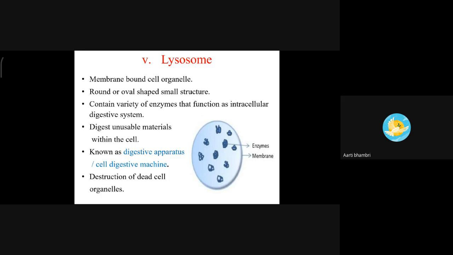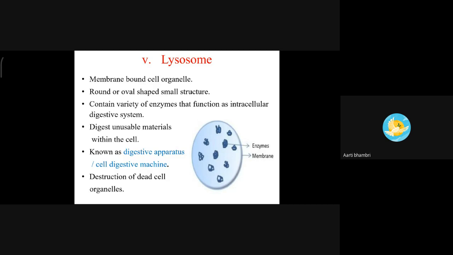Are you guys getting that? Just imagine some unwanted material is there in the cell, so lysosome will digest it and it will keep the cell clean. So it digests unusual materials within the cell, and is also known as digestive apparatus, the cell digestive machine.